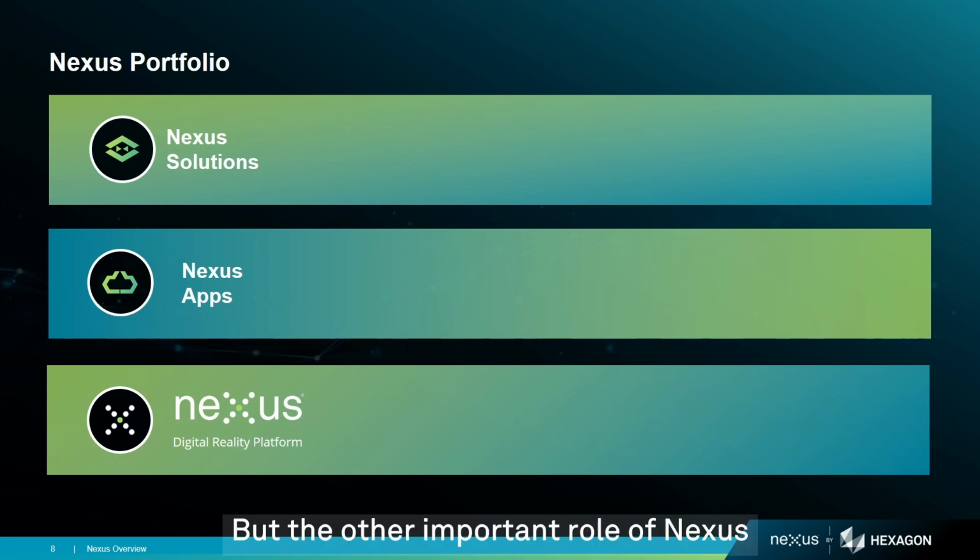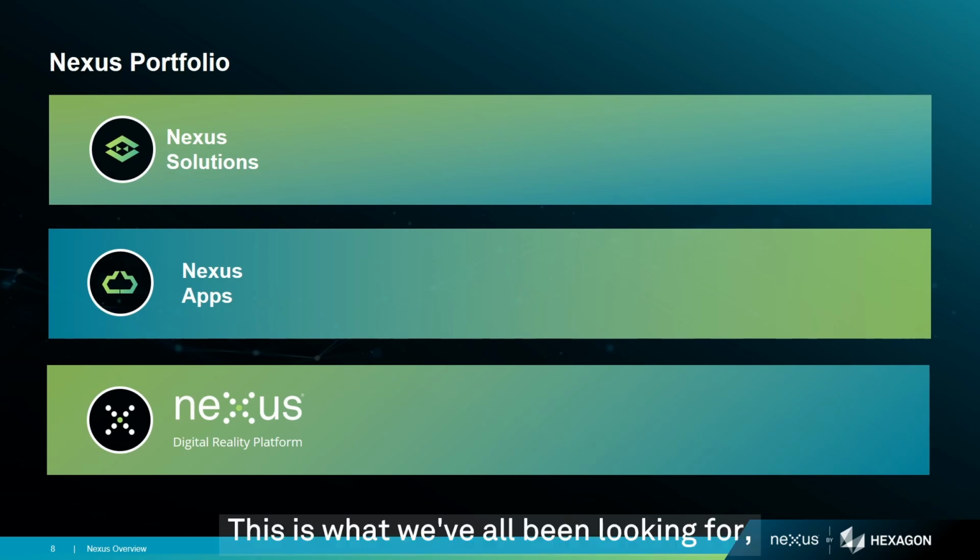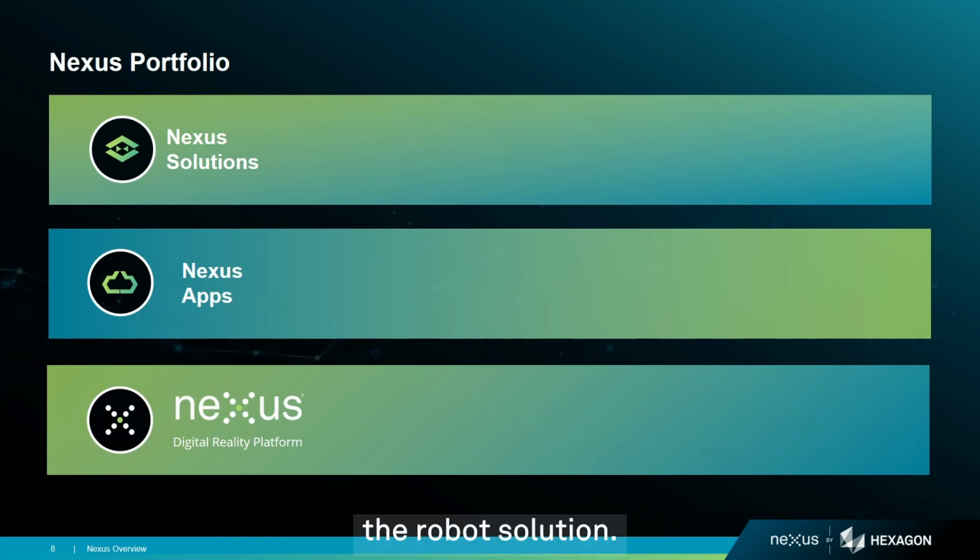But the other important role of Nexus is the ability to create workplace solutions. What that means is taking any process, whether it's your manufacturing process or a common process in the industry, and taking different data and stringing it together, which is what we call a connected workflow solution.